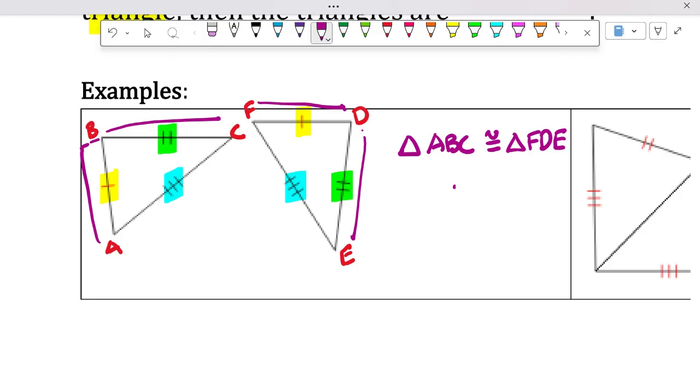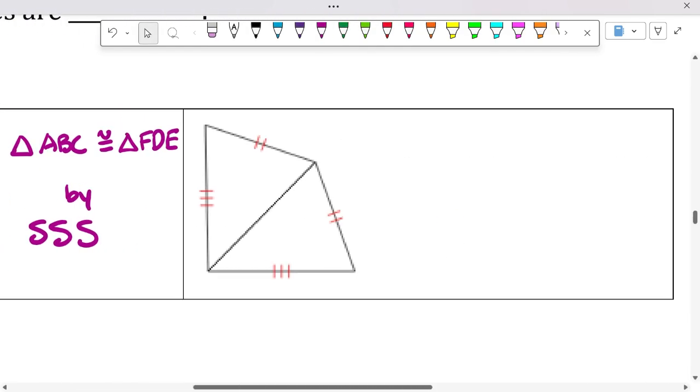And it's by side, side, side. Does everyone understand what side, side, side looks like? So typically with side, side, side, no angles are marked at all. All 3 sides are marked though.